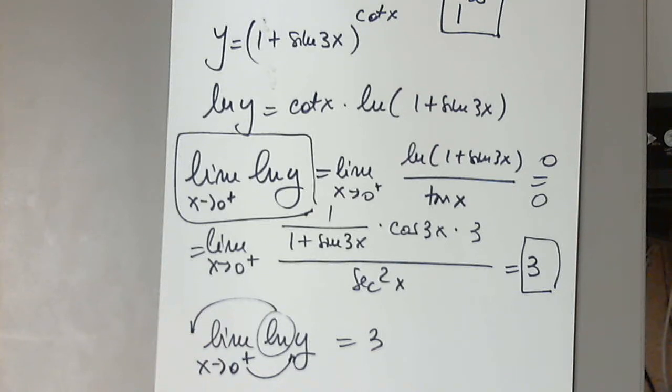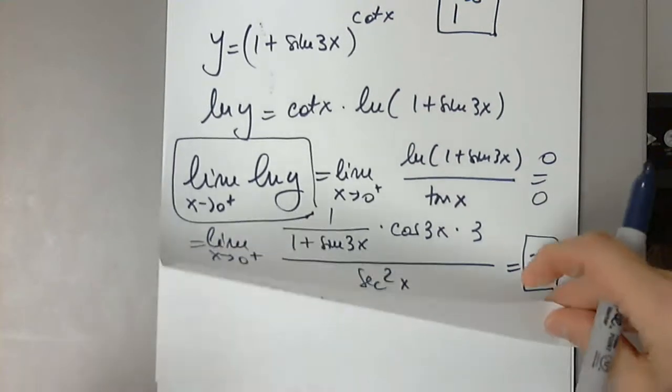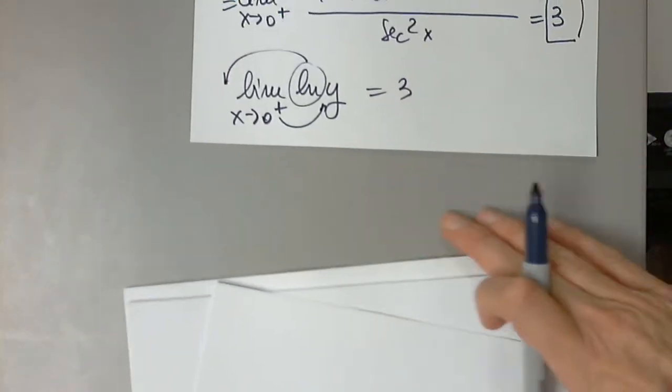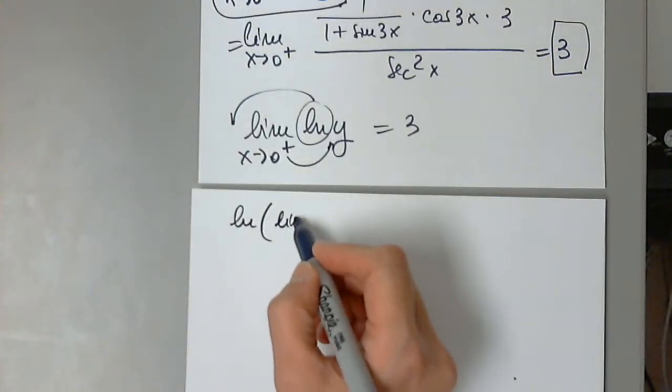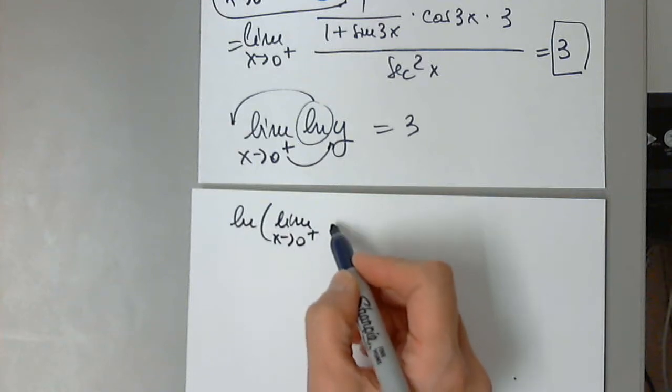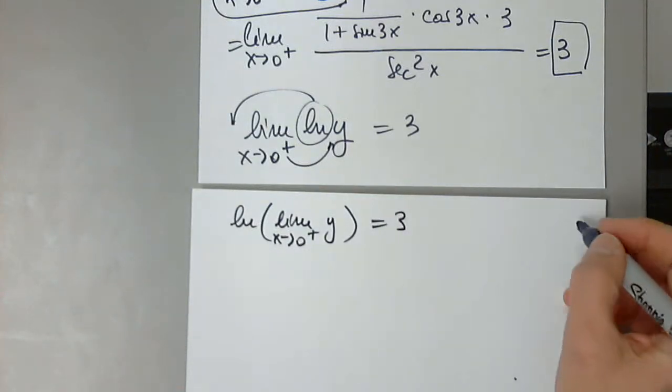Which operator is natural log with limit? So we have natural log of the limit as x approaches 0 from the right of y equals 3.